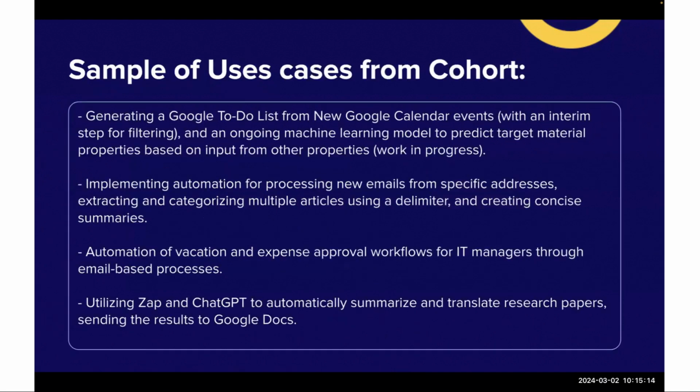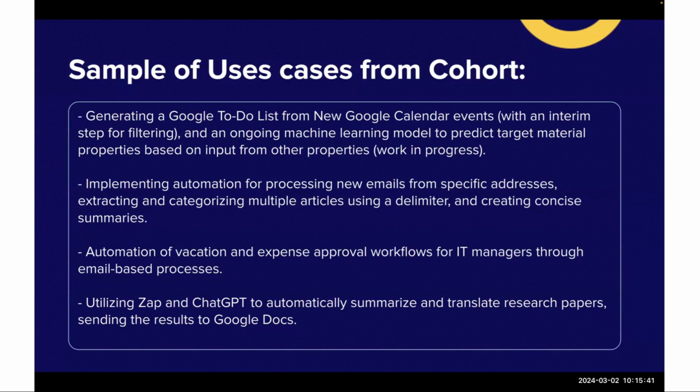There are some sample use cases from the other cohorts, or other clients we have worked with in the past few months. So we've seen some interesting use cases, for example, generating a Google to-do list from new Google Calendar events. So it's just using Zapier to integrate with Google Calendar.